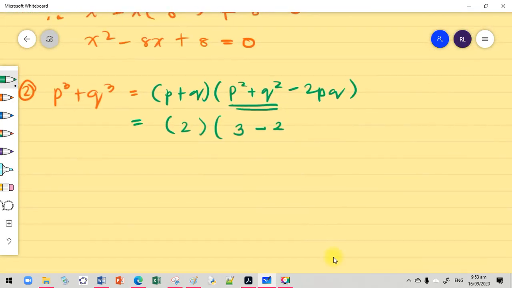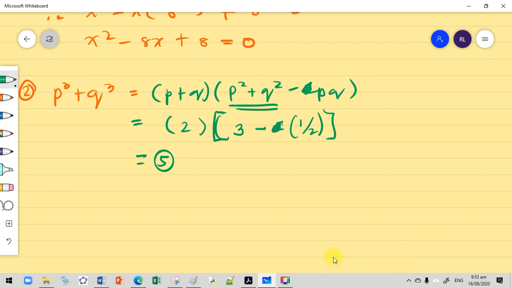So 3 times 2 times pq, which is 1/2. No, this is wrong. We are not expanding actually, so there's no 1/2, and that is 3 minus 1/2, which is 2 and 1/2. 5 over 2 times 2 is 5.